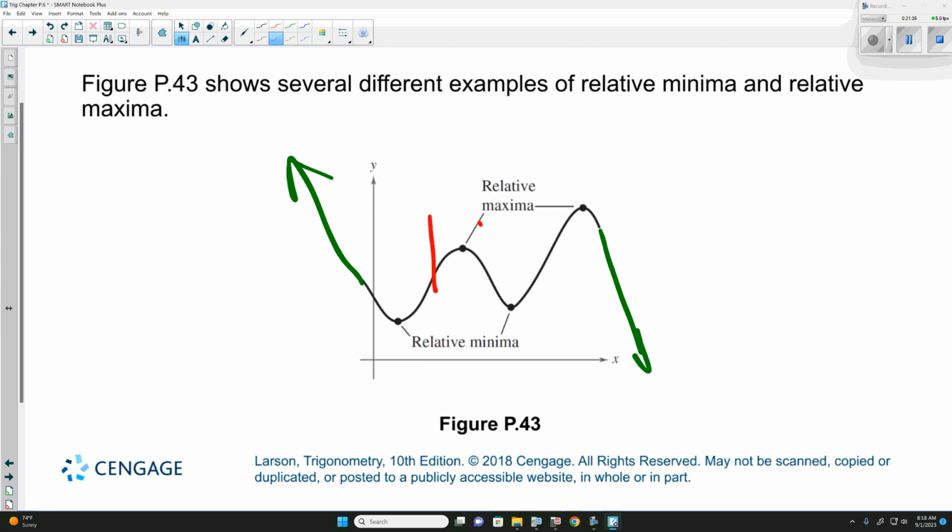From here to here, this is the relative maximum. From here to here, this is the relative minimum. They're relative to their little areas. Because it could be that this continues up forever and we don't actually have an extrema, an actual biggest point, because it continues up. But these, over the short period of time, are the relative minimum and relative maximums.